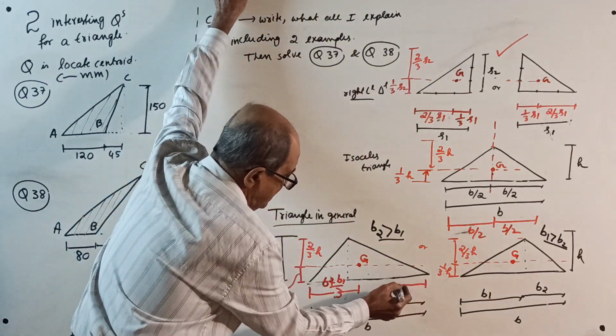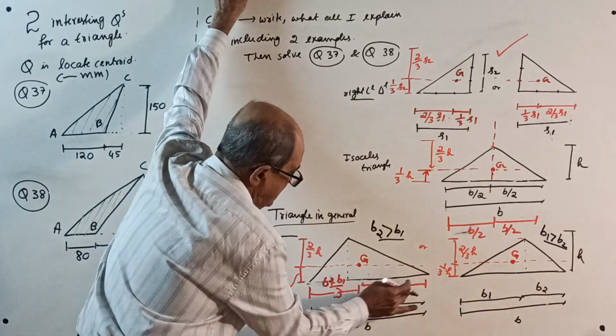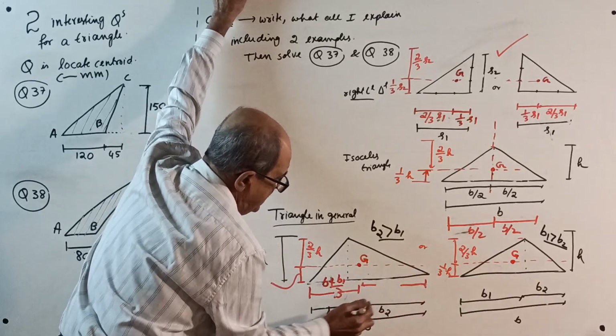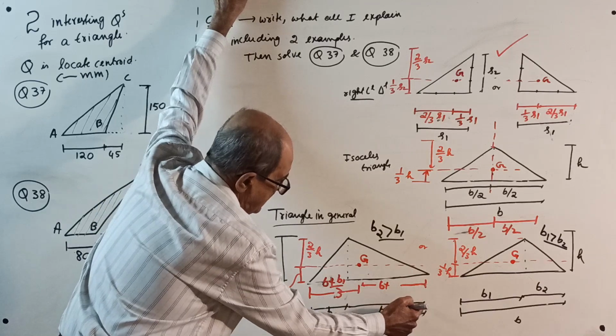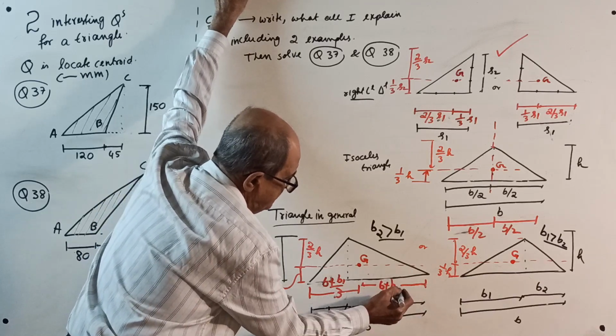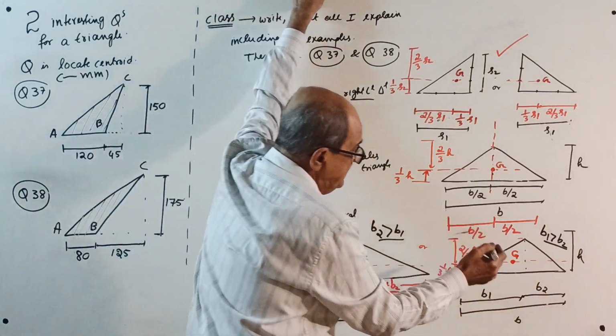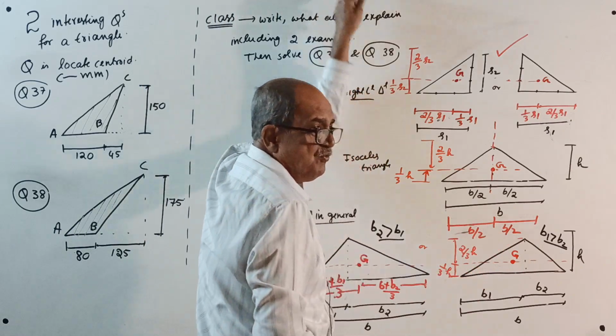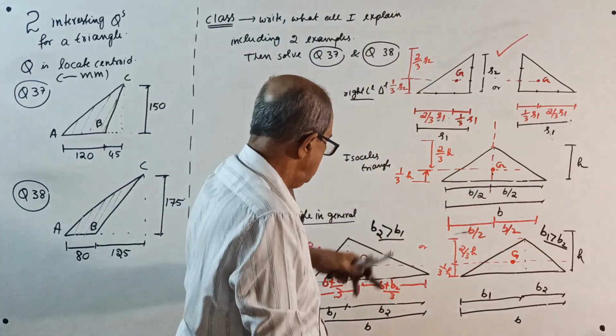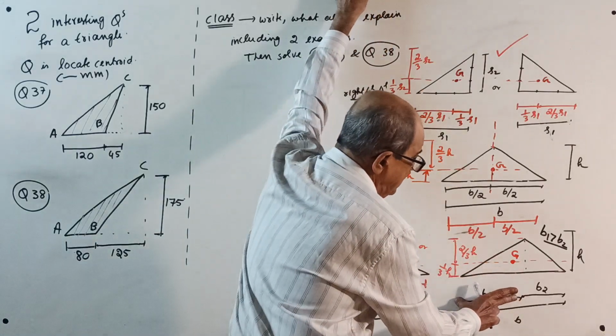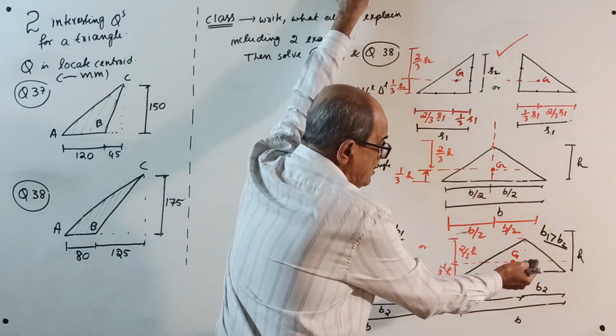From the other side, it will be the full base B plus the cut base on that side, B2, divided by 3. Same thing here, the formula is the same, but here B1 is more than B2, so the centroid will be on this side.